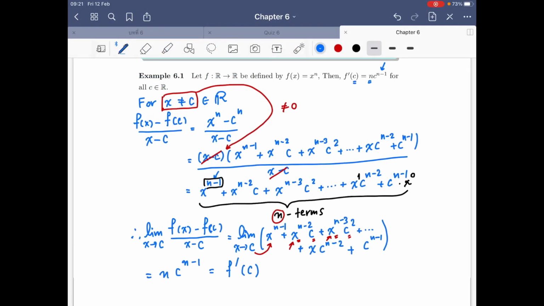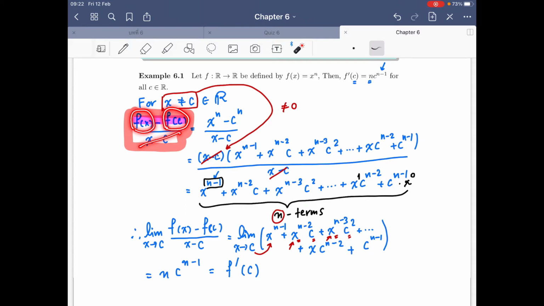And if you look at the definition of the derivative, which depends on this quotient, you may see that if the limit of this quotient exists, and you can get rid of the bottom, it means that your f of x and your f of c should be the same under the limit.